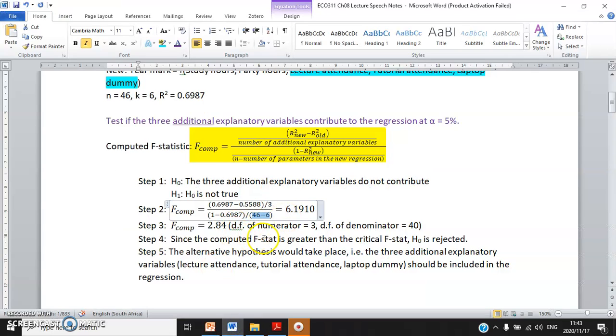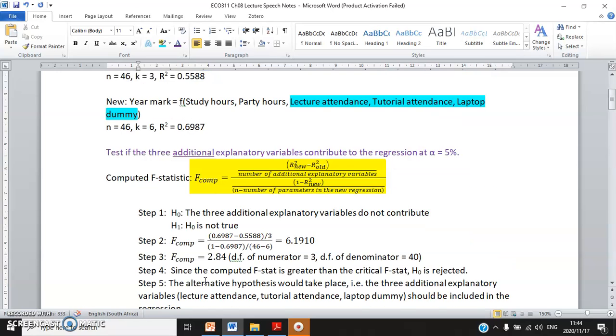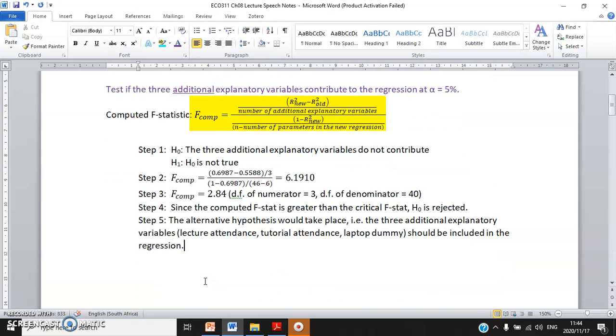Since the computed F statistic is greater than the critical F statistic, good news, the null hypothesis is rejected. So the alternative hypothesis takes place, meaning the 3 additional explanatory variables, that is, lecture attendance, tutorial attendance, and laptop dummy, should all be included in the regression. Okay? So this is the second type of F test, which is still quite straightforward, actually.